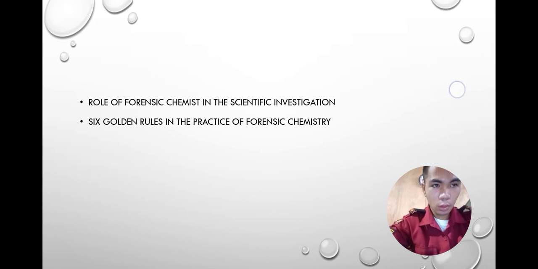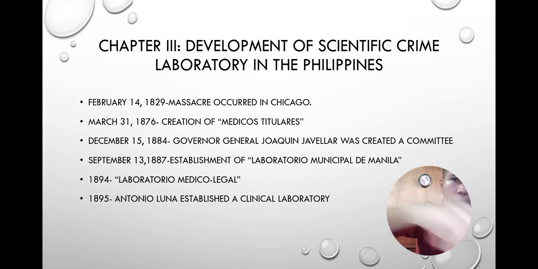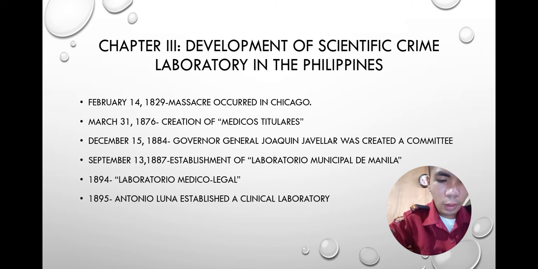And the next is chapter 3, the development of the scientific crime laboratory in the Philippines. So, number 1, February 14, 1929, a massacre occurred in Chicago.